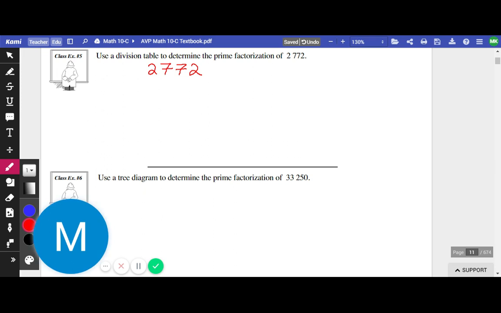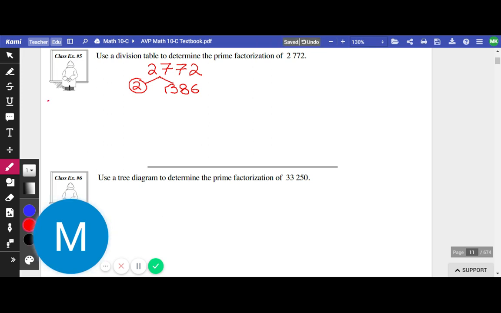I go 2,772 divided by 2, and I get 2 is one side of my branch. 1,386 is the other side of my branch. 2 is prime, so I circled it.